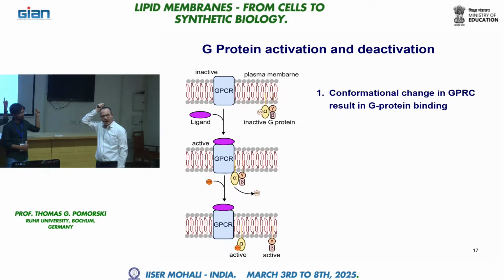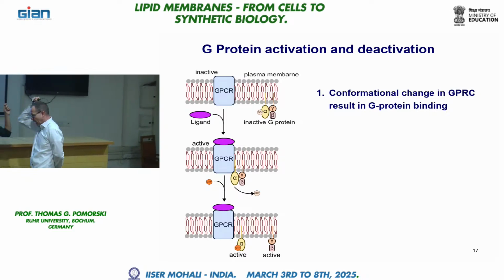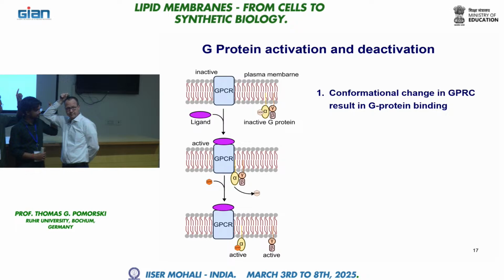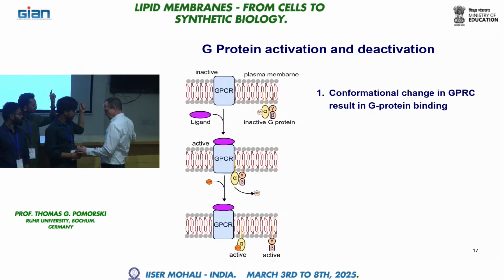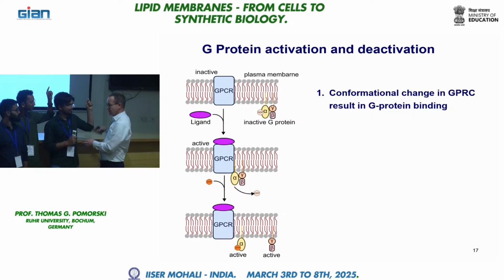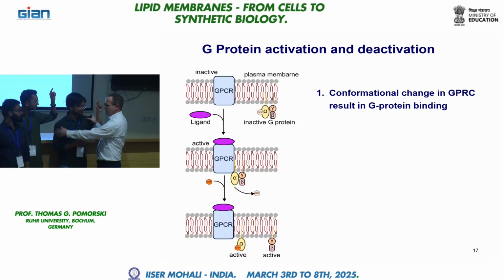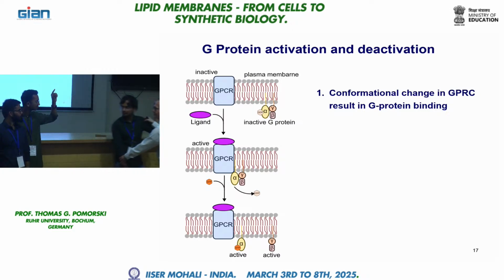Now I will be a helper protein for those guys here. I would activate the G alpha, and that would lead to it exchanging the GDP that it had against GTP. Now it is active, changes its conformation and can leave.